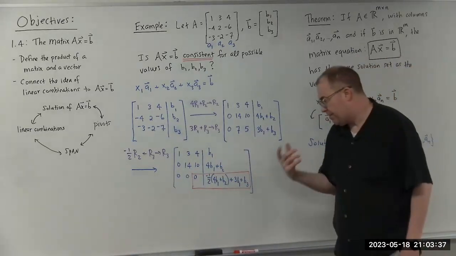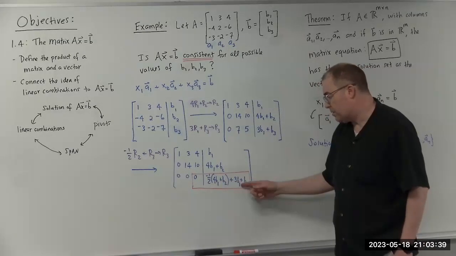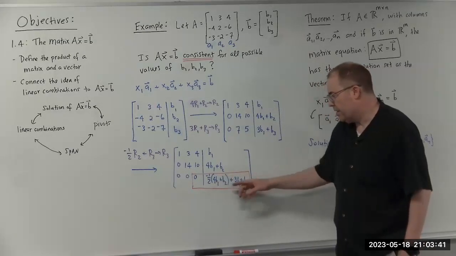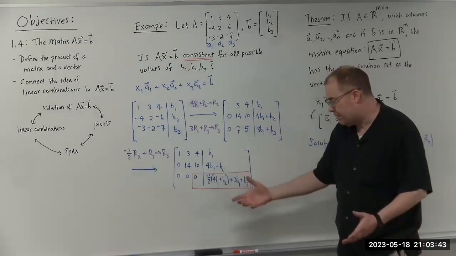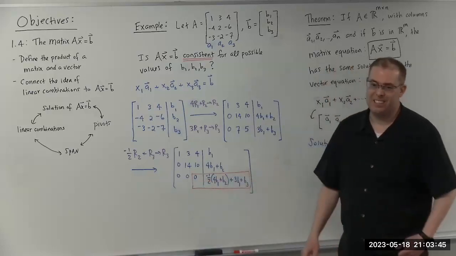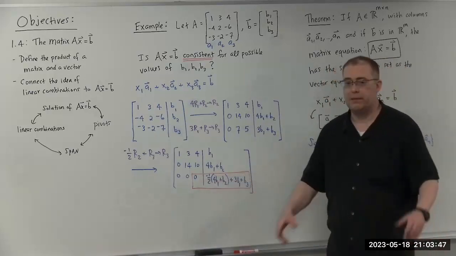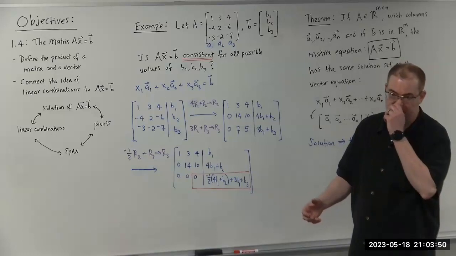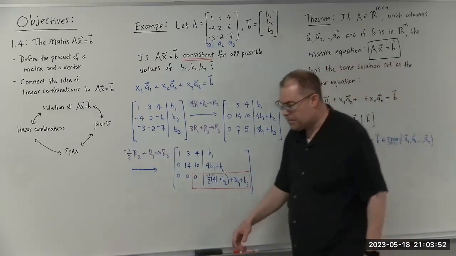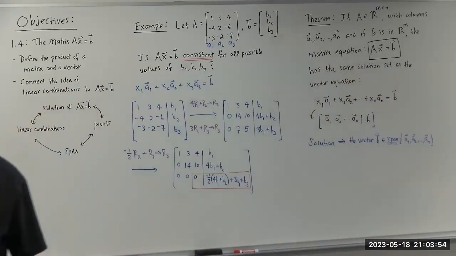If this is not equal to 0 when you plug those in, then you get some number here besides 0, and therefore it's inconsistent, because 0 times some number is going to be 0.